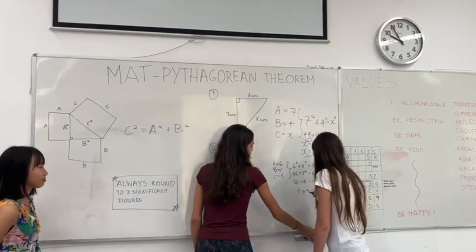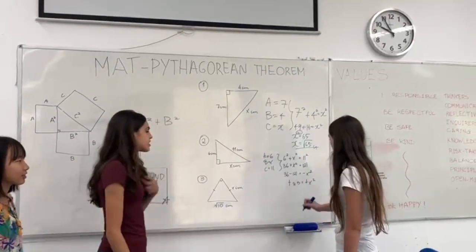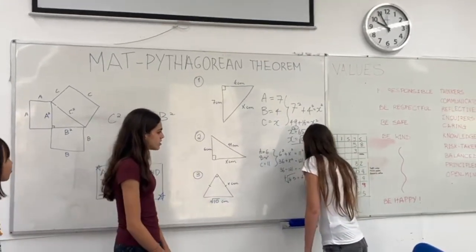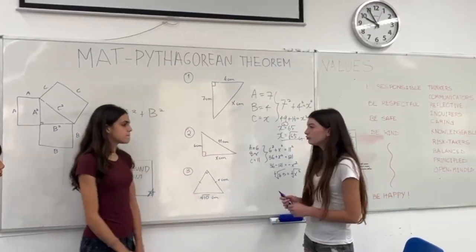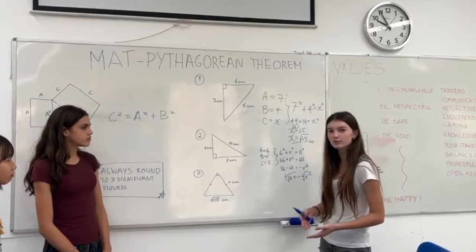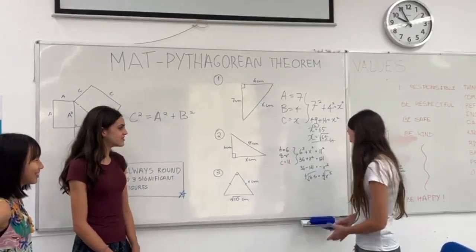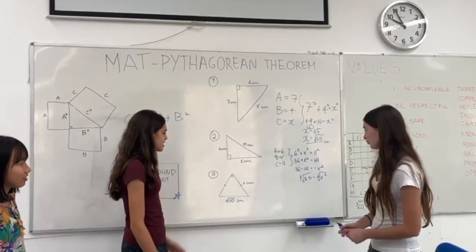So we can cross out the negatives and then just do square roots, and maybe we're going to get something where we can simplify the square root, which we're going to explain in the other video. So we're going to keep that as the answer: the square root of 85.